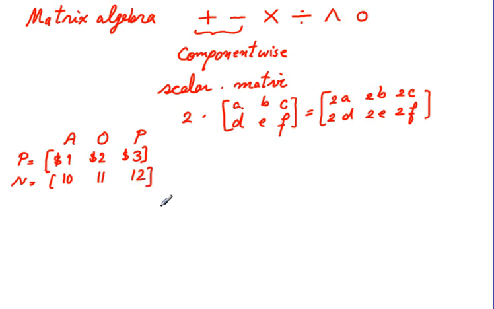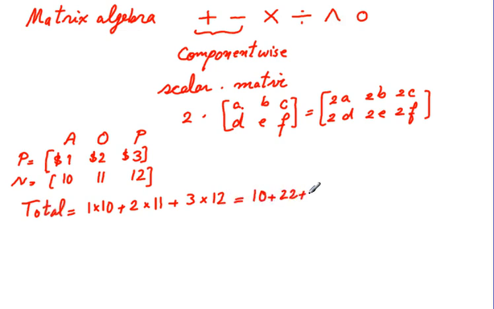I want to define a meaningful notion of P times N. Well, in this case, pretty much the only meaningful thing you can do: if I want the total that I have spent or am getting as cash flow, it's going to be 1 times 10 plus $2 times the 11 oranges and $3 for each of the pears. So the total that I am collecting is 10 plus 22 plus 36. So I am making $68 total.